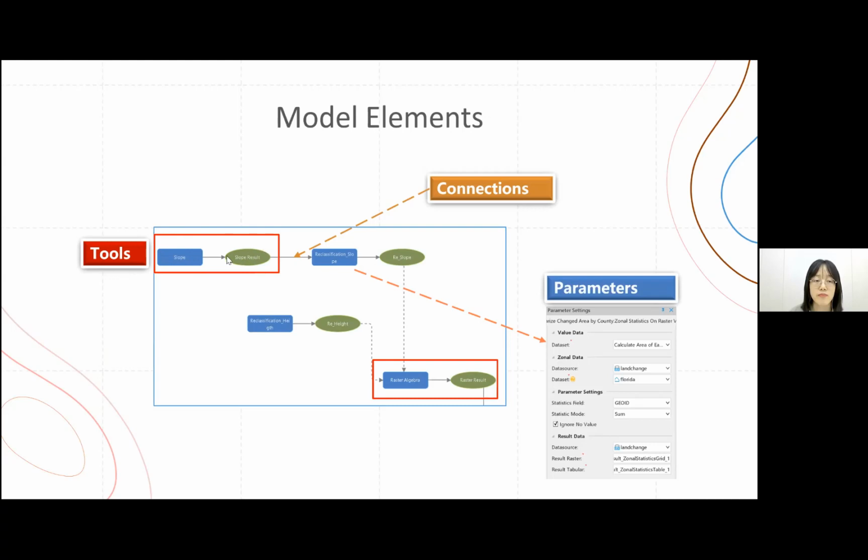And once we have multiple tools added to the same model building window, we can connect them with connections. The connections go from the output of the previous tool to the parameters of the latter tool.